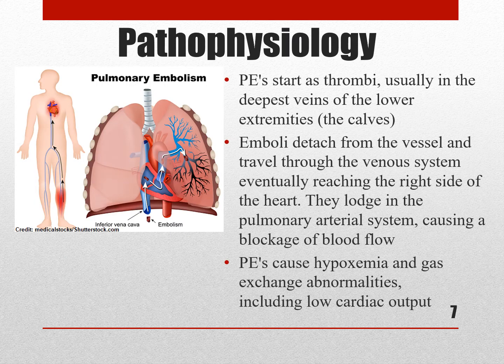So as we get into the pathophys here, remember that there's going to be a couple of steps that lead to the final diagnosis of PE. So first, that thrombus or blood clot will form. Typically, as I said, it's going to be in the lower extremities, whether that be the calves, the thighs, or even the hips sometimes.